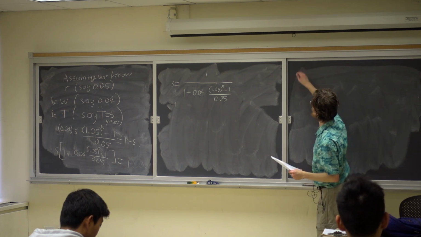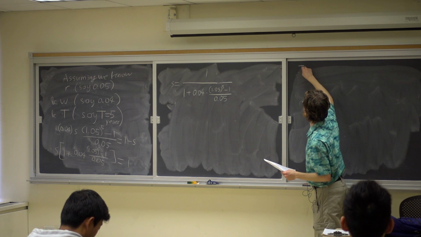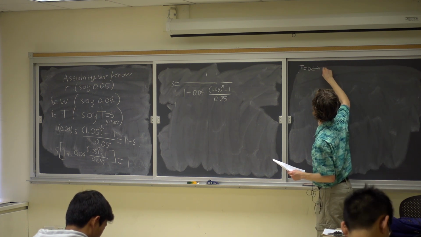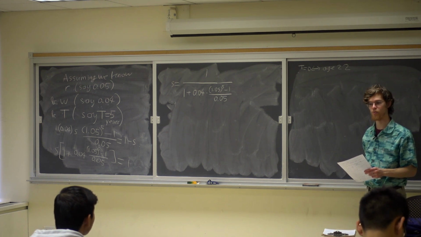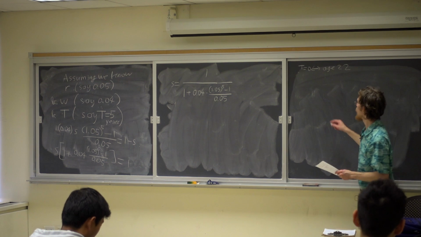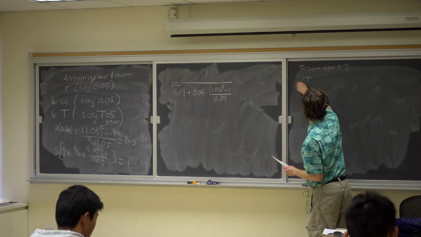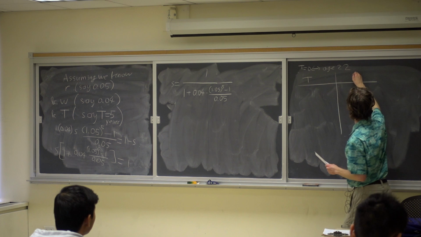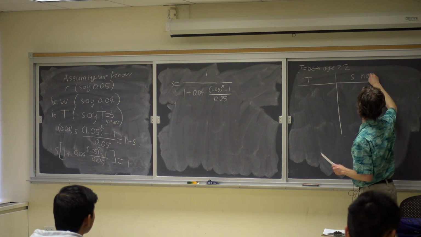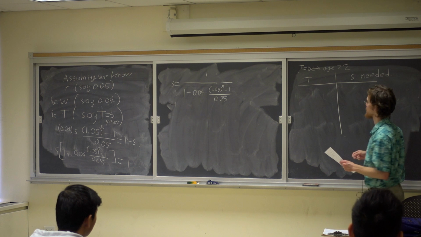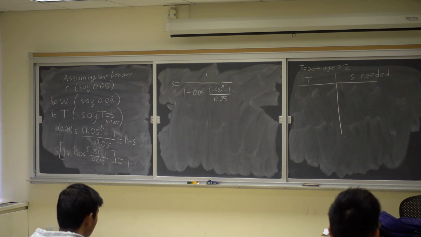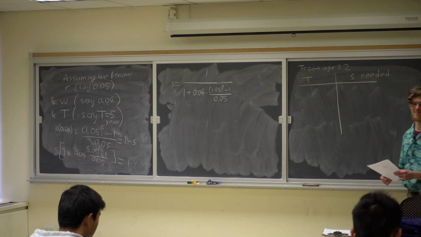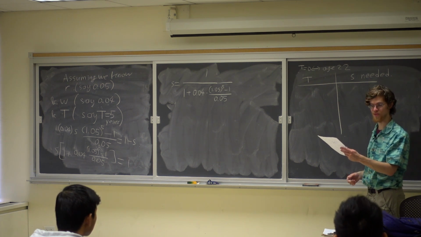So I'm going to assume here that t equals 0 corresponds to, say, age 22, because many people graduate with a bachelor's degree around age 22. And then I have t here, and the S, the savings rate that's needed. OK, so all I've done here is for each value of t I just solved for S in each case. OK, but I didn't do 5. That's why Junichi is going to do that for us.